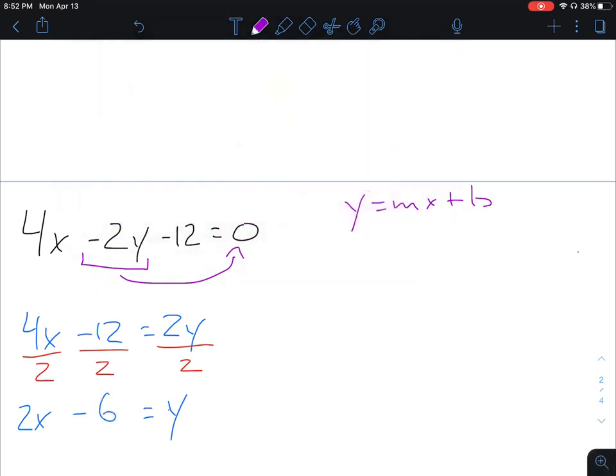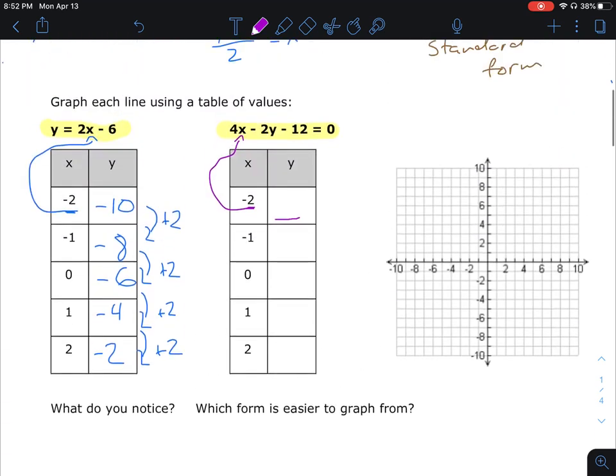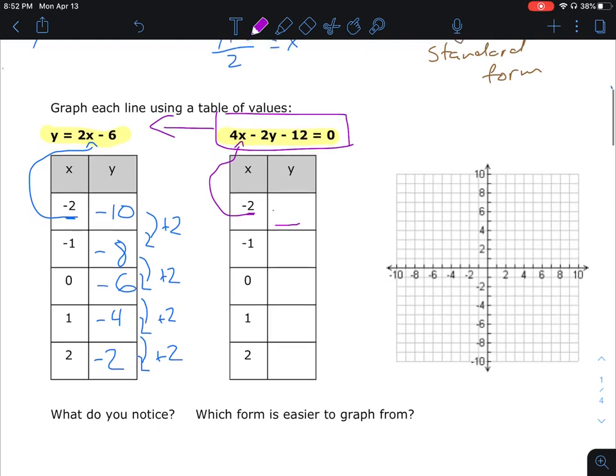This is the exact same equation as what we've seen in that other table of values up top. So this equation here is the standard form of our equation over here. So what that means is that the x and y values are going to be the same. So this would be negative 10, negative 8, negative 6, negative 4, and negative 2. So if I'm going to go ahead and plot these lines, I simply ask myself, when x is negative 2, my y value is negative 10.